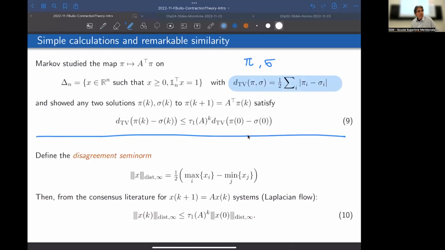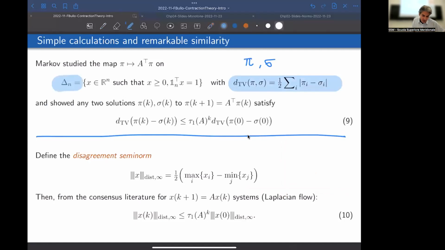You have pi and sigma, you compute entry-wise differences, take the absolute value, and sum. For some reason, he liked to normalize it by 1/2. That's fine. It's a distance on that space. That's called the total variation on the simplex.